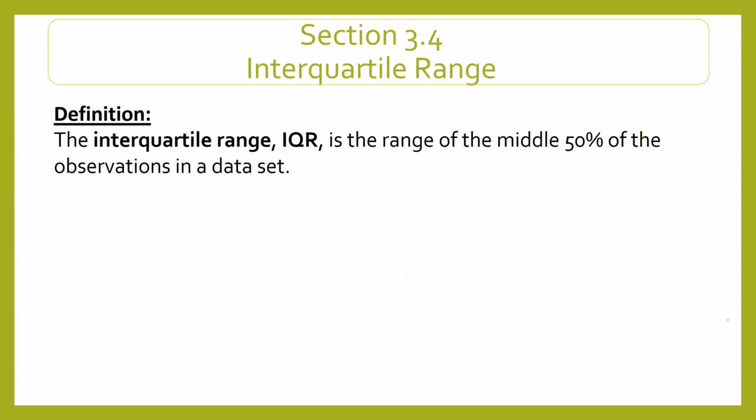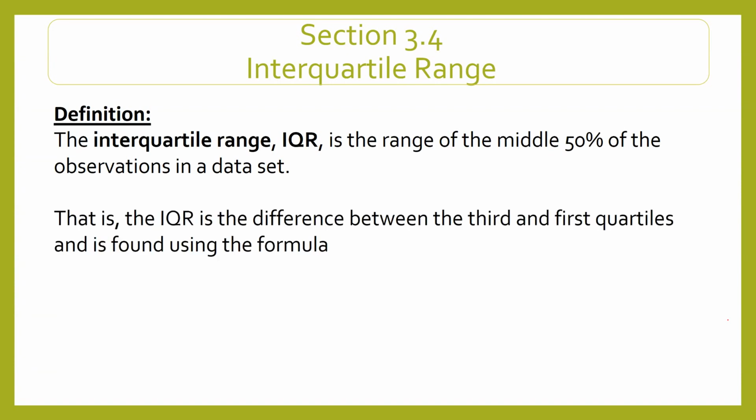What comes out of this is called the interquartile range, which is the range of the middle 50% of the observations in a data set. This is computed by Q3 minus Q1, right?